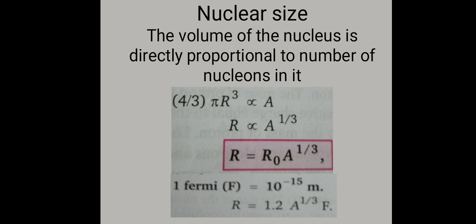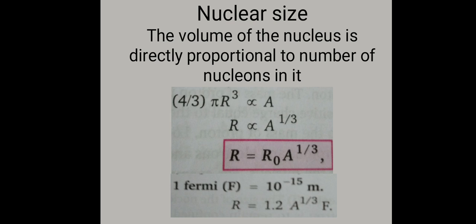That is, 4 by 3 pi r cube is directly proportional to A, where r is the radius of a nucleus. Here we are considering the nucleus to be spherical, that's why we have taken the volume equation as 4 by 3 pi r cube.